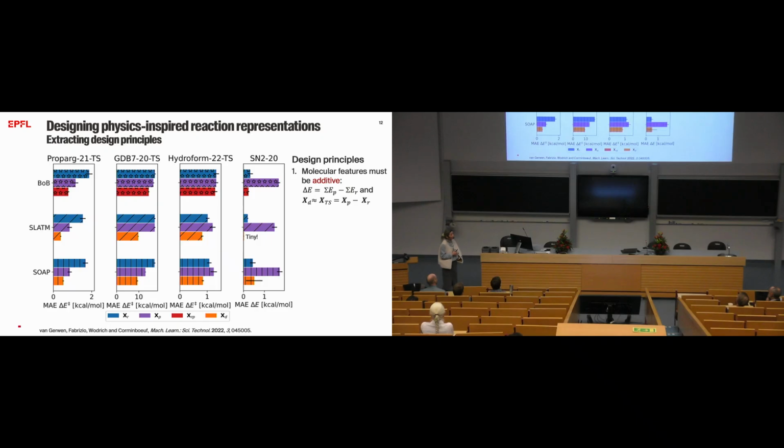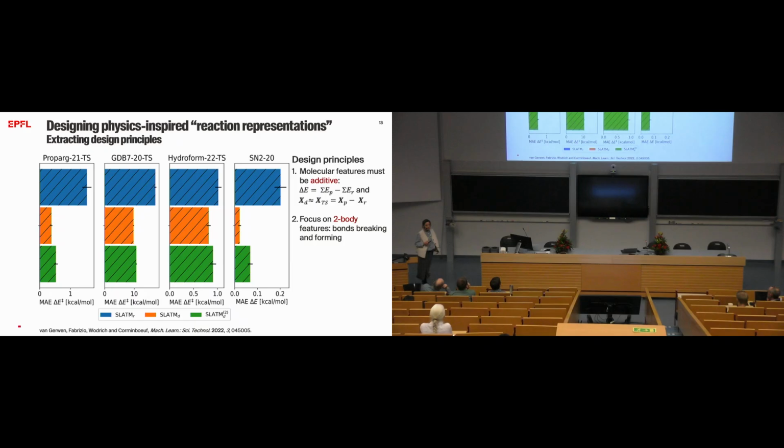BoB, bag of bonds, is not additive because it uses internal coordinates. Having additivity really helps because you see here, in orange, it's the difference. In blue, reactant. In purple, the product. And you see that systematically taking the difference really helps. So the first design principle is additivity.